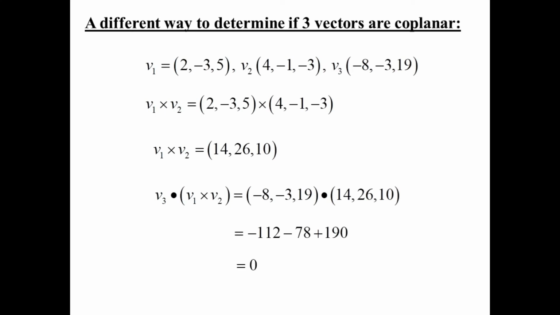And it's a fact that if three vectors are coplanar, when you take two and cross them and dot it with the third, you get 0. Of course, we could use the other method: express one as a linear combination of the other two, get three equations, and then find out if those three equations are consistent by solving two of them and then checking with the third.